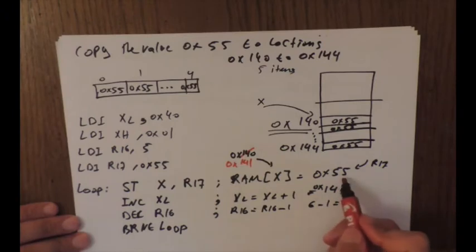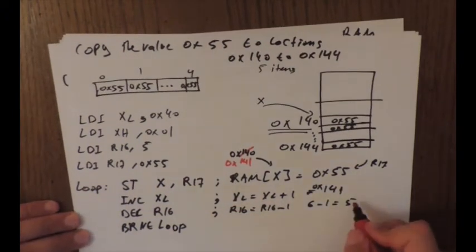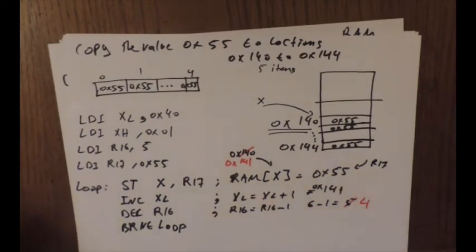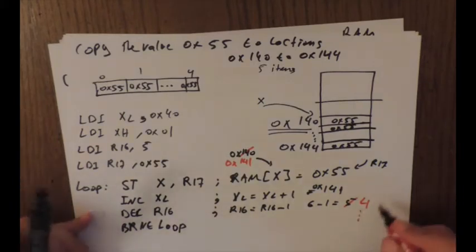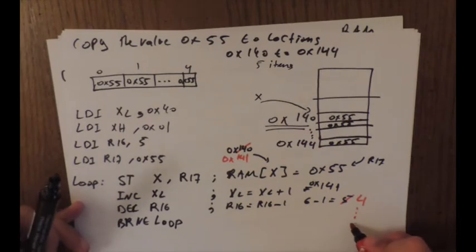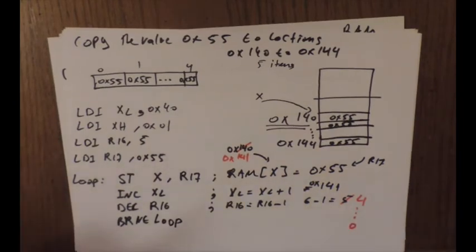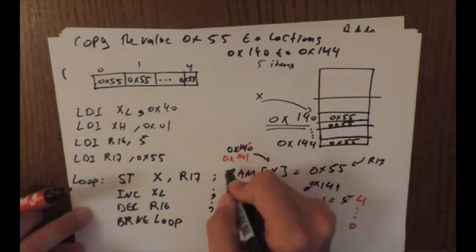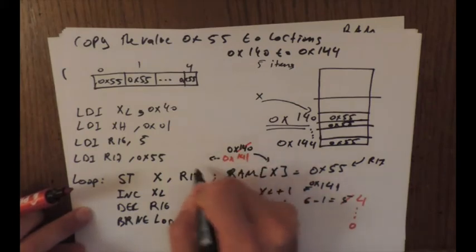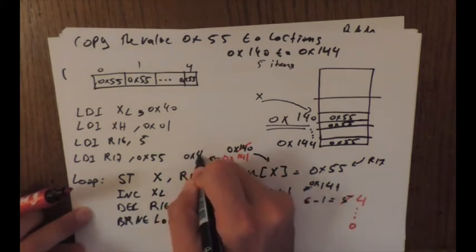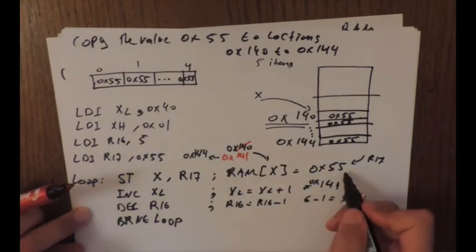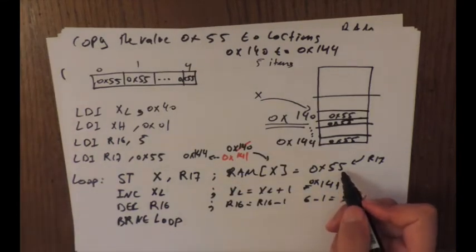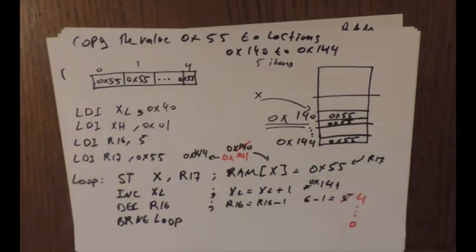So now I'm placing 55 in 141, and 5 becomes 4, and this will keep on going until I reach the value 0, and this will reach the value 0x144, and this is fixed, so I can place 55 inside of x.